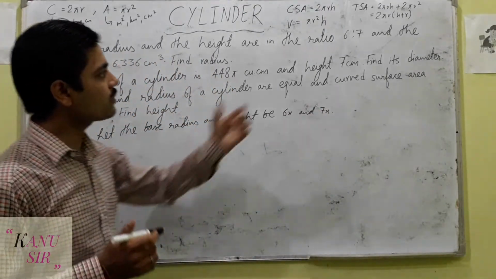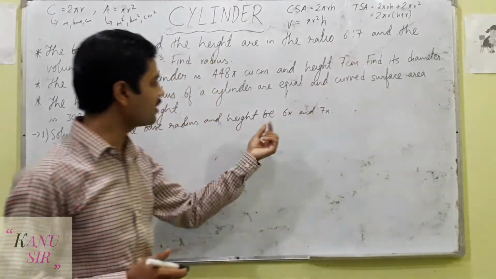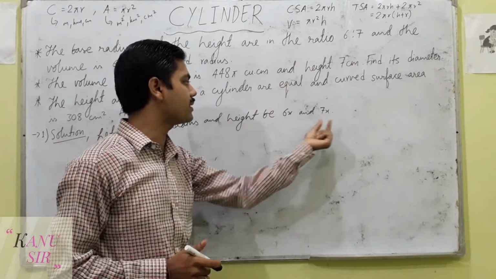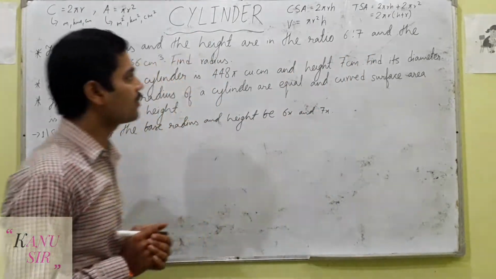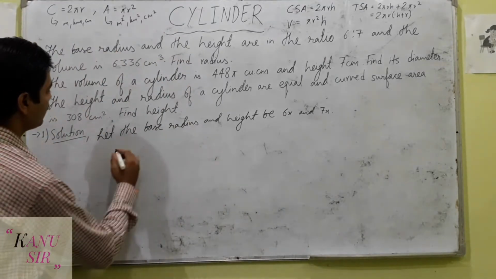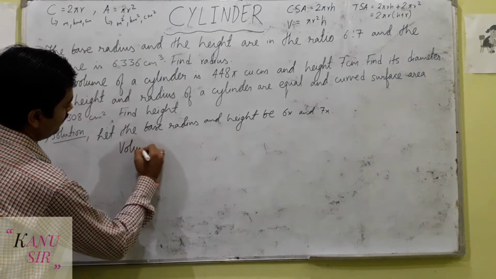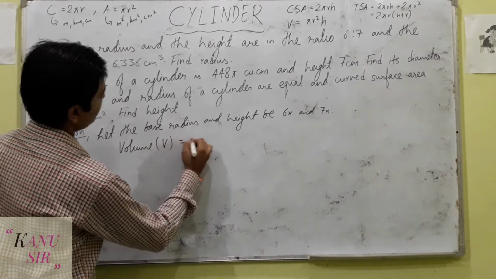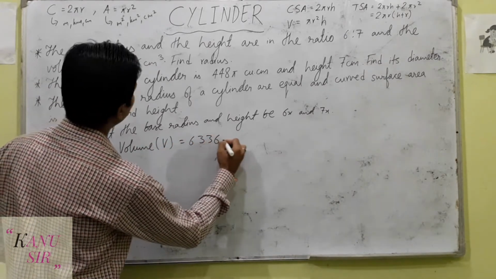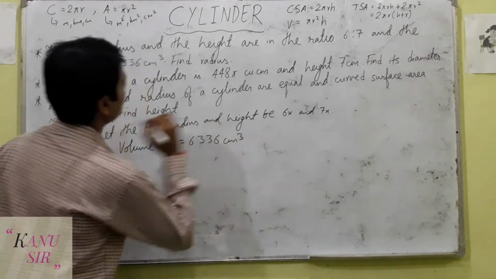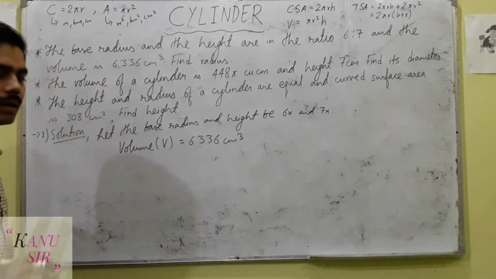Because whenever the question comes in the form of ratio, we can simply change them in the form of variable, that is 6x and 7x, and the volume is 6336 centimeter cube. Find the radius.